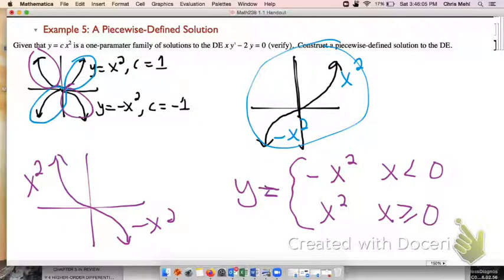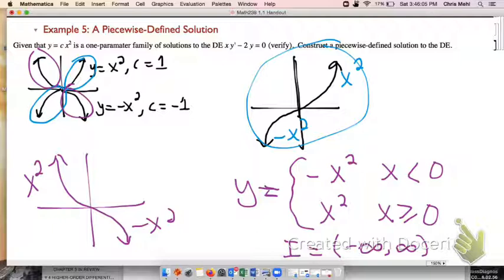x squared when x is greater than or equal to 0. Now, you don't need to verify this is a solution if you've verified the family was a solution, because you should already know that x squared and minus x squared satisfy the differential equation. This would be a particular solution, defined piecewise, and it would still have the same interval of solution, an interval where the differential equation is defined and y and its derivatives are continuous.